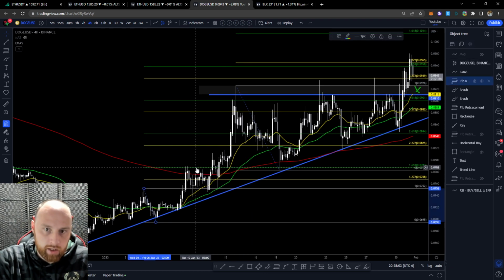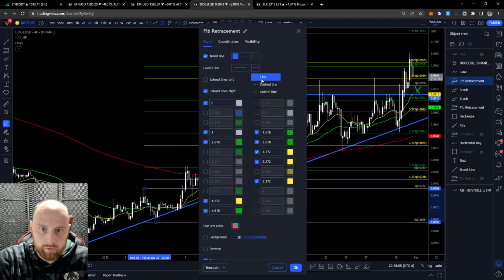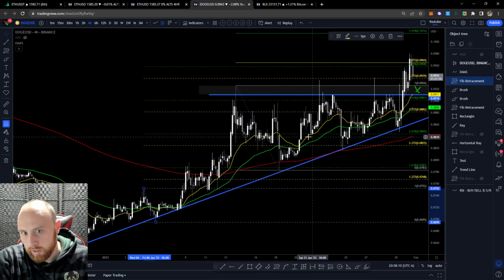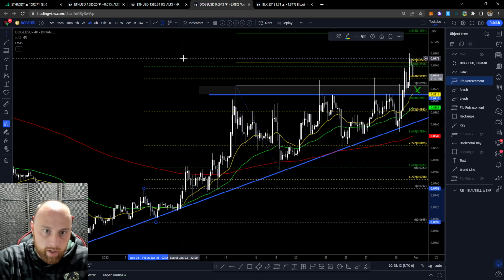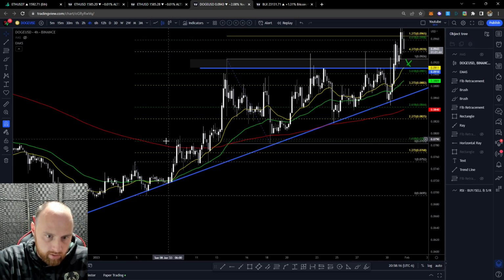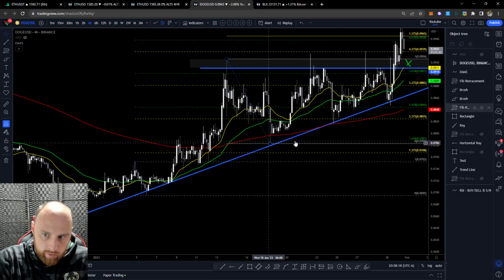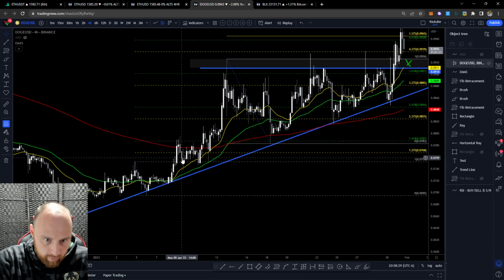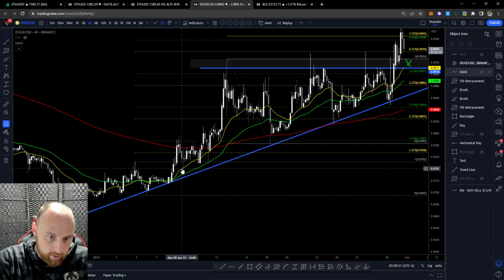I'm going to actually change this to dash lines so we could see the difference from this fib to the ascending triangle fib that I drew. So we got these dash lines on the fib, and you can see we came up to the 1618, and we also came back, retested this that we blew right through as support, and we pushed back and then fell back, and we tapped the 21.